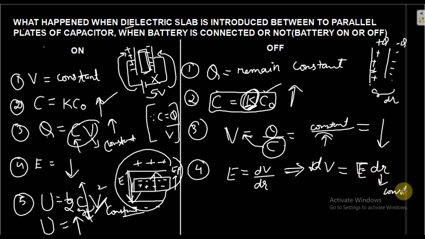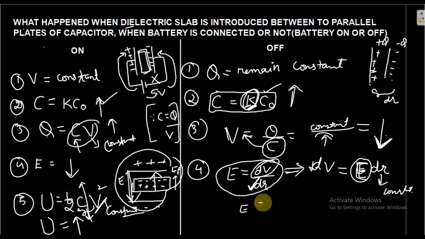Now we have to find how E will vary. From this formula directly we can write, because dr is constant, it will depend only on dV. So if dV is decreasing, meaning potential is decreasing, overall electric field also depends on it and it will also decrease.